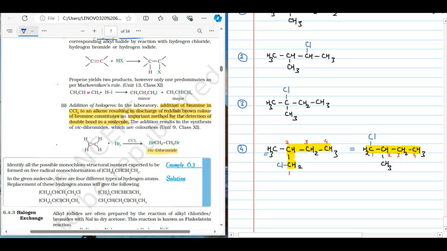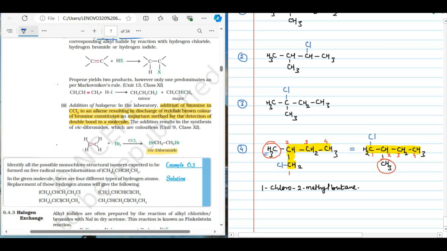So chlorine gets the first number and this substituent, this is methyl substituent, gets the second number in both the cases. So when you write the name of the first molecule, you will write 1 chloro, 2 methyl butane.